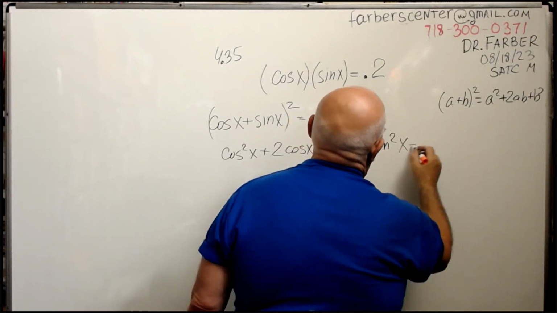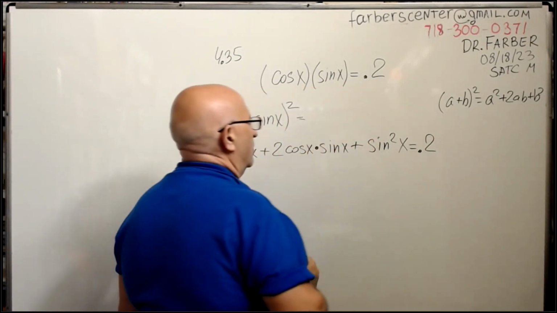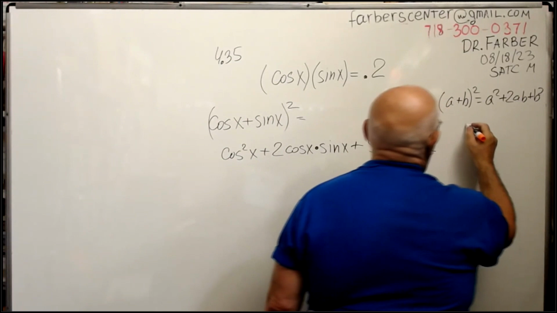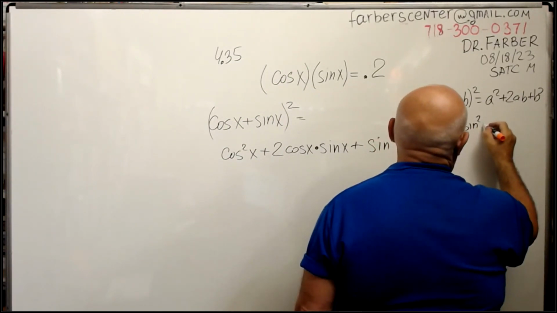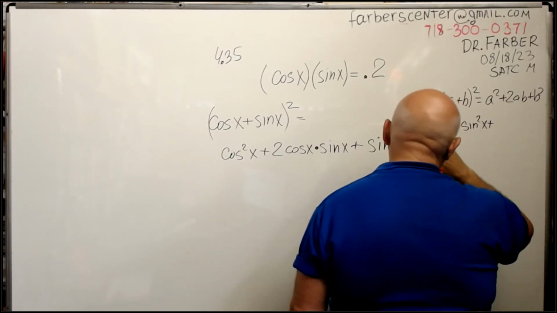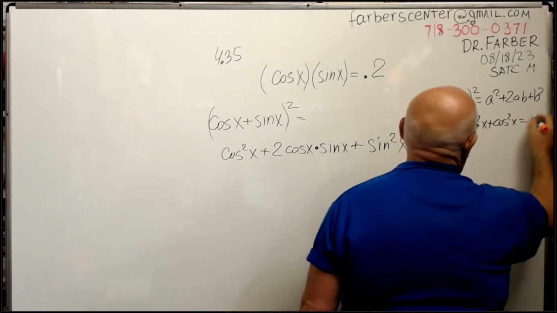And this equals 0.2. You remember Pythagorean identities. What is Pythagorean identities? Sine square x plus cosine square x always equals to 1.